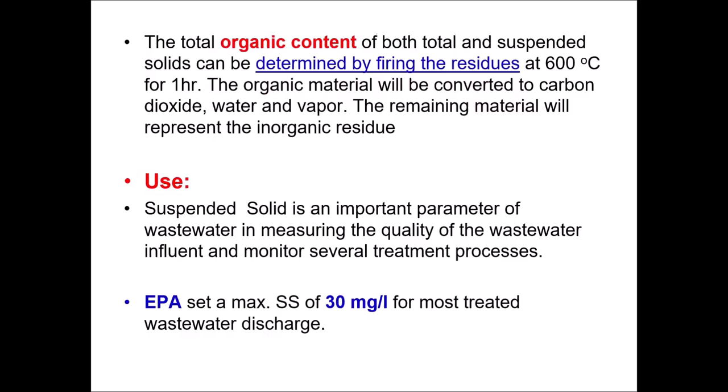First, we dry the sample at 104 degrees Celsius and weigh it to find out how much we have of suspended solids and dissolved solids. Then we take the sample and burn it at 600 degrees Celsius. The organic material burns and vaporizes, turning into gases and leaving nothing in the container. It gets oxidized. The part that burns off is called volatile solids, and the remaining part is called fixed solids.